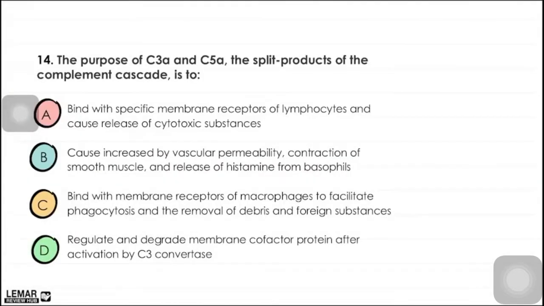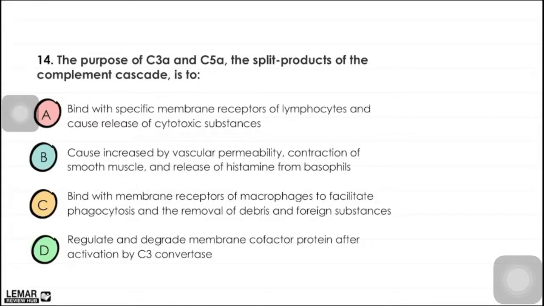Okay, number 14. The purpose of your C3a and C5a, the split products of complement cascades, is to: letter A, bind with specific membrane receptors of lymphocytes and cause release of cytotoxic substances.